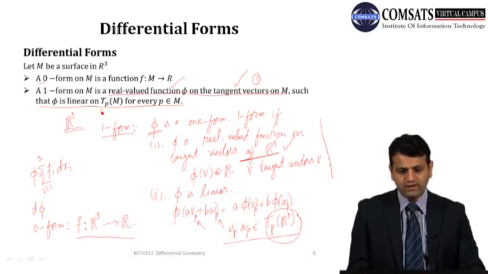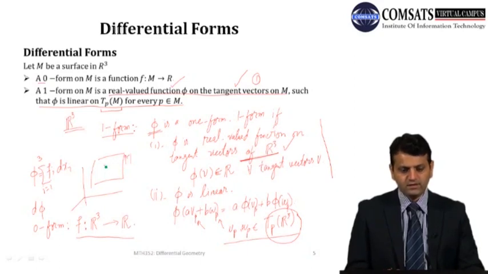लेकिन TP of M में आप तमाम वेक्टर्स नहीं ले रहे जो P के ऊपर हैं, आप सिर्फ वो वेक्टर्स ले रहे हैं which are tangents to the surface. So for example if M is a surface in R3, so let's say this is M. So किसी भी पॉइंट पे मैं जो तमाम के तमाम टेंजेंट वेक्टर्स हैं उनको let's say इस ग्रीन से शो करता हूँ.